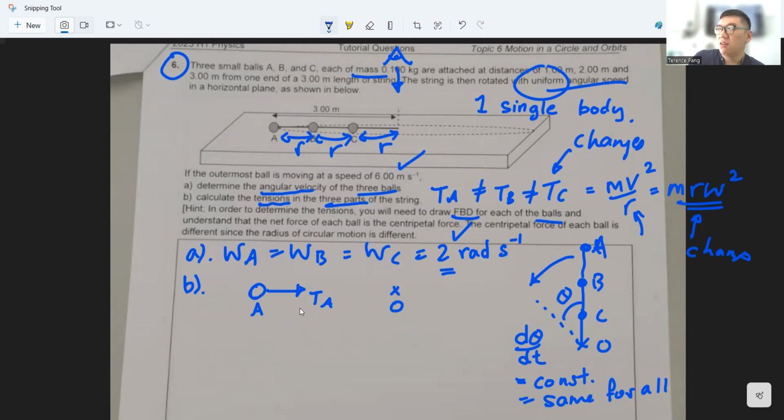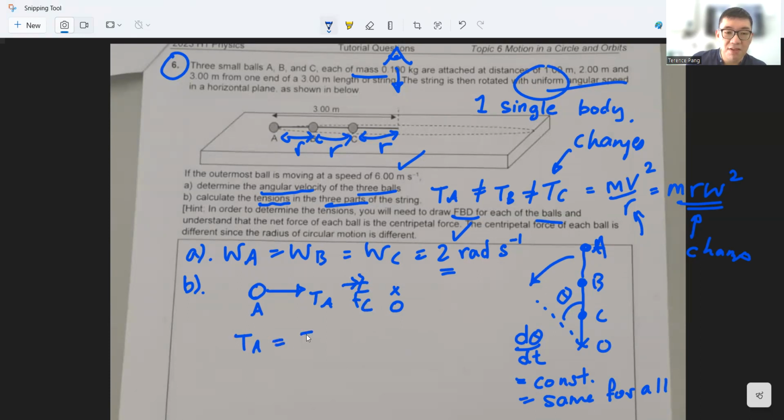Now, do we consider the weight or the normal reaction force? The answer is we don't have to in this case, because we are only considering the direction in the horizontal portion. The reason being is that's where your FC is acting along. So over here, the TA, okay, you can draw an FC inside as a guide.